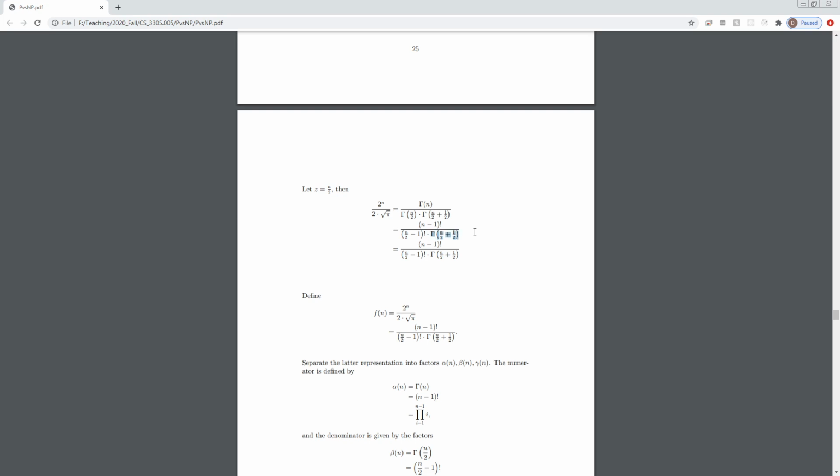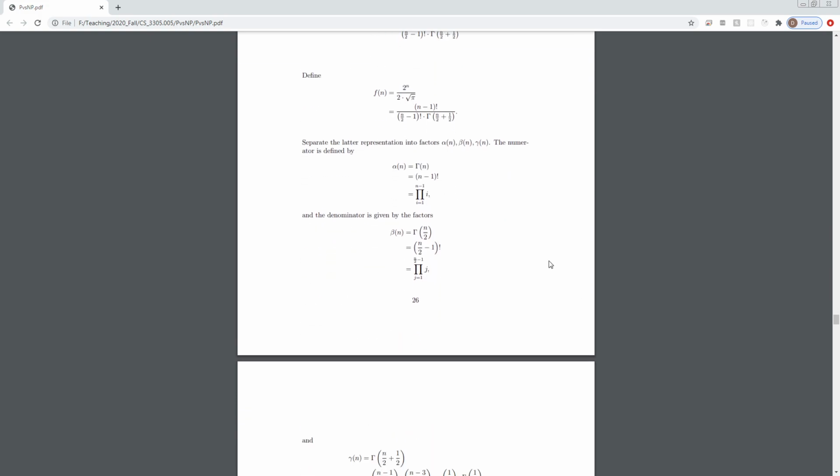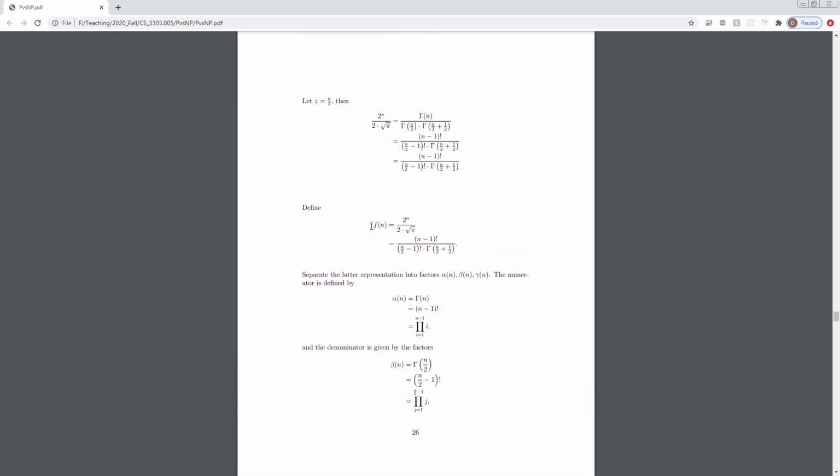And then this is still that gamma. Because of this 1/2, we can't factorialize it yet. But we have this, and we have this. I don't think I actually changed anything from this step to this step, so I'm not sure why there's 2 steps there.